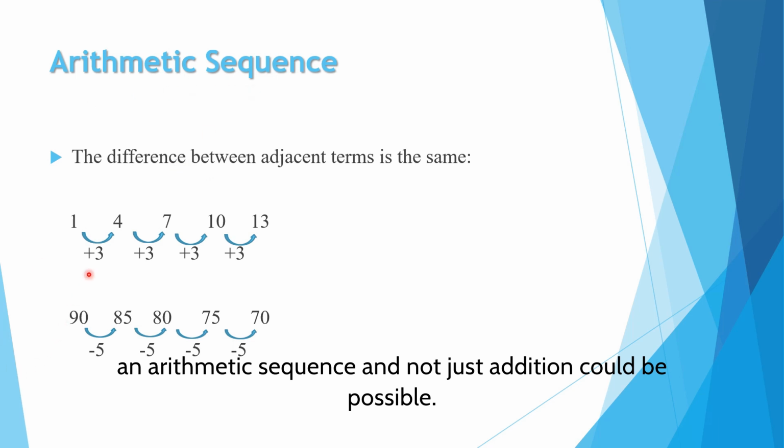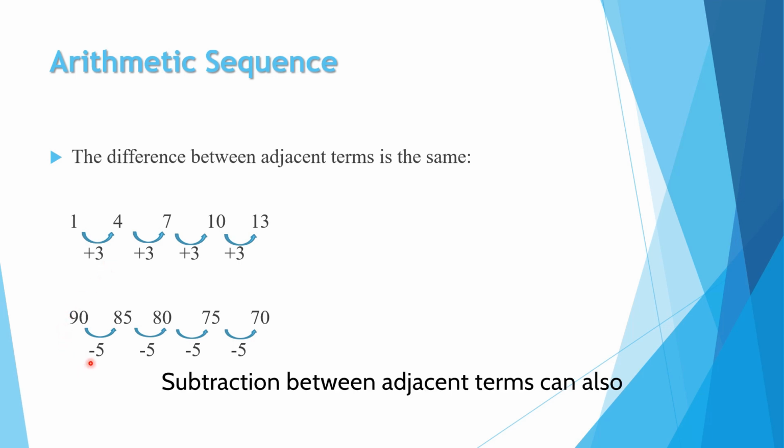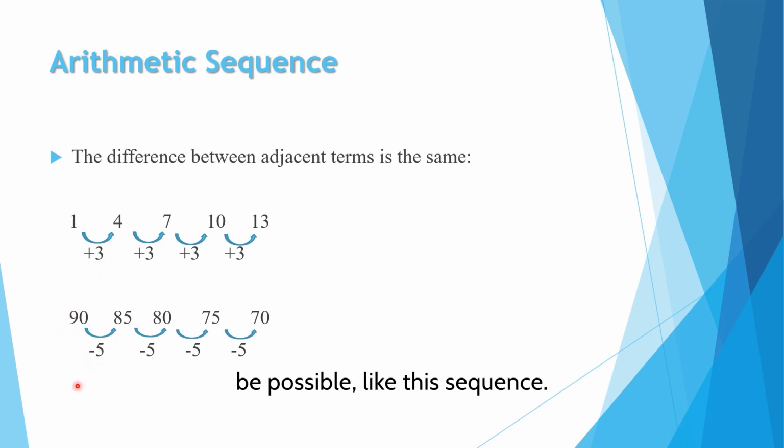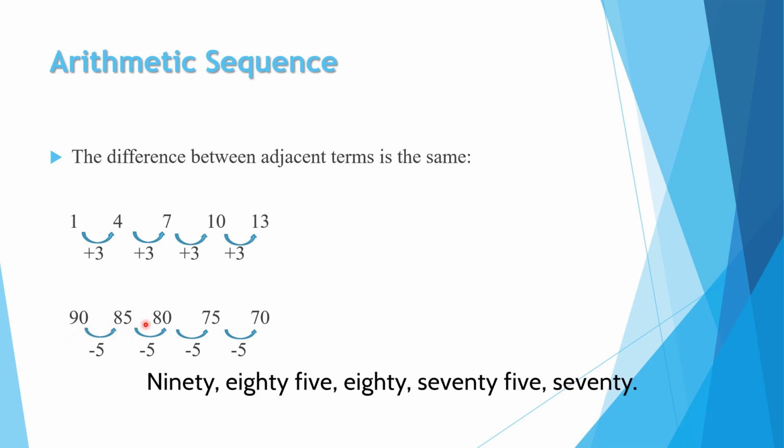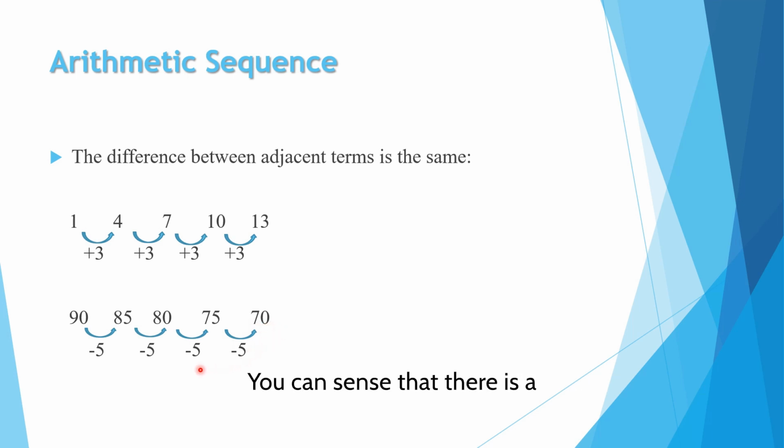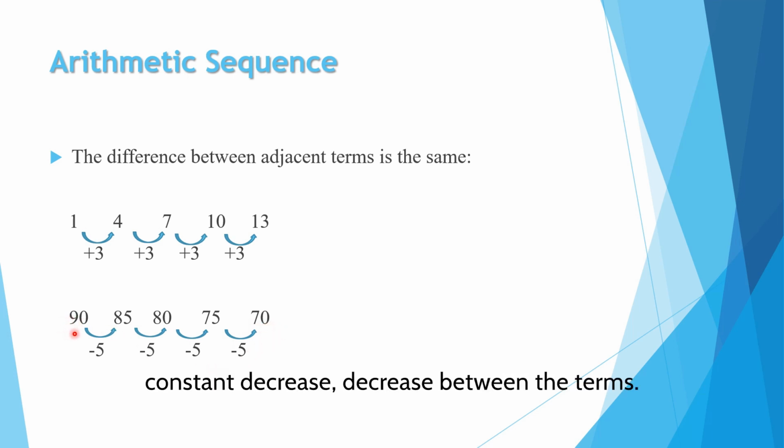And not just addition is possible. Subtraction between adjacent terms is also possible, like this sequence: 90, 85, 80, 75, 70. You can sense that there is a constant decrease between the terms.